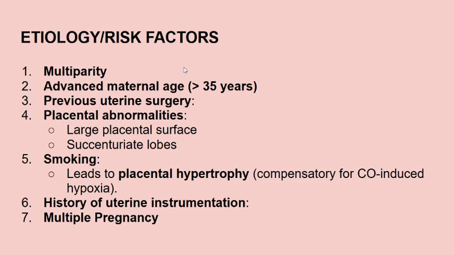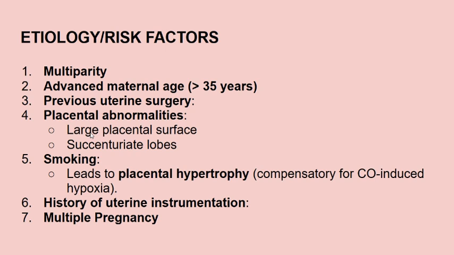Some of the risk factors are numerous. It could be multiparity, that's more than one child, advanced maternal age greater than 35 years, previous uterine surgeries, whether it's cesarean sections, hysterectomies, myomectomies, and others, large placentas, or generally placental abnormalities. So if the placenta is large, or you have an abnormal placenta such as the succenturiate lobe placenta, or lifestyle habits such as smoking.